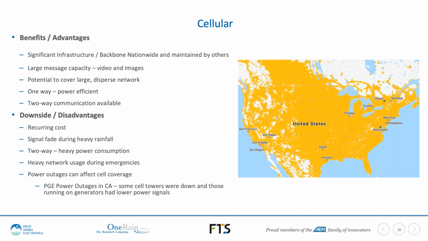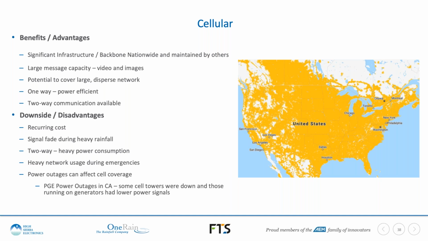We mentioned the two-way communication. If you are doing two-way, you're powered up all the time. Definitely heavier power consumption there, larger panel, more battery, etc. They're also typically busy in emergencies, which is perhaps the time when you most need your data. There's heavy network usage on the cell networks, and that could affect your data reliability.